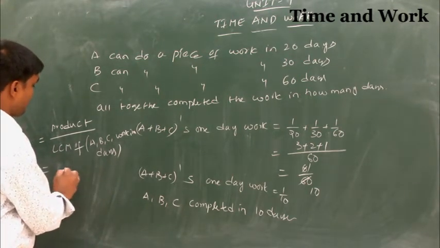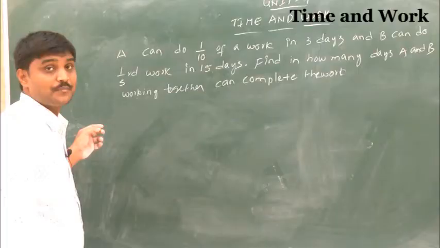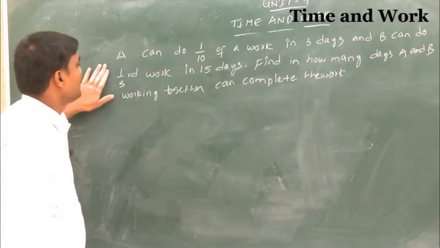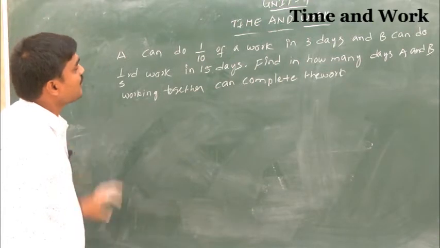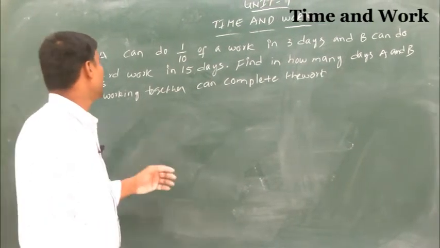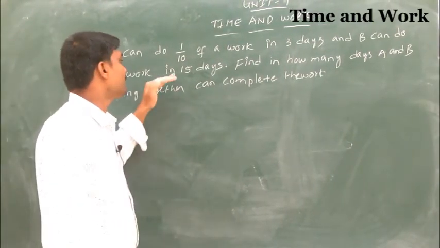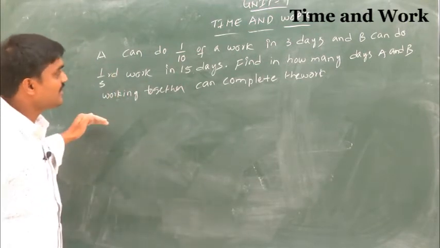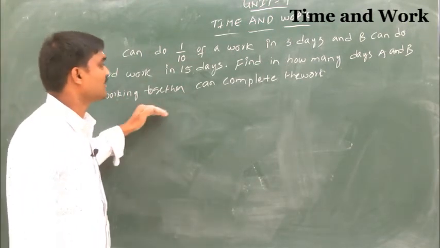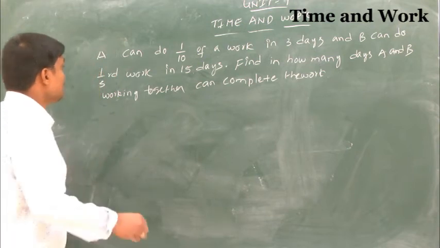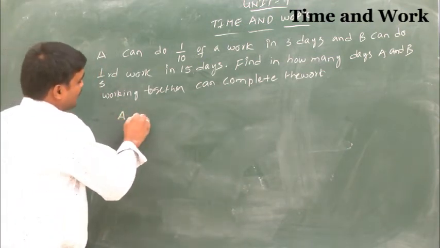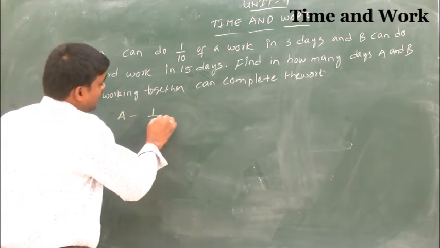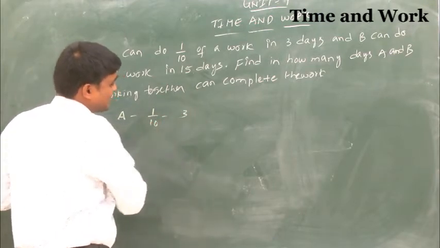So here A can do 1 by 10th part of work in 3 days and B can do 1 by 3rd work in 15 days. Find in how many days A and B working together can complete the work. So here A can do 1 by 10th of part of the work in 3 days.